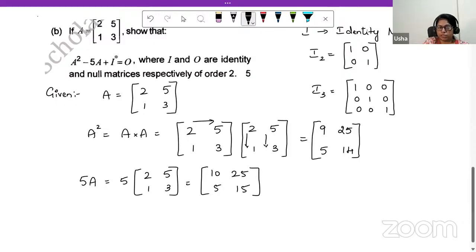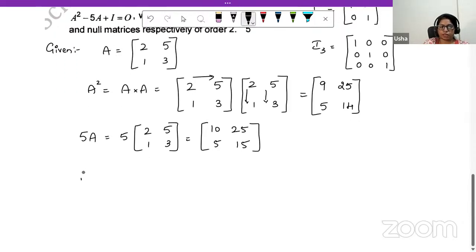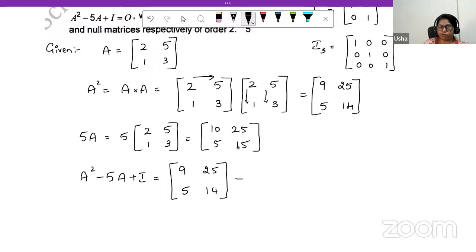Now you write this equation. A square minus 5A plus I is equal to, write down A square. A square is this, [[9, 25], [5, 14]] minus 5A. 5A is this one, which is [[10, 25], [5, 15]] plus I, you know what is I?